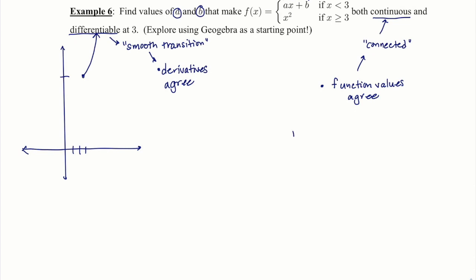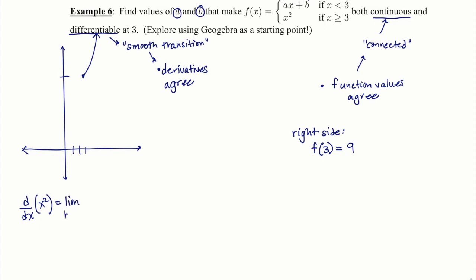So for the right side, my function value at 3 would be 9, and I need to figure out what the derivative is. So I need to track what's the derivative of x squared.